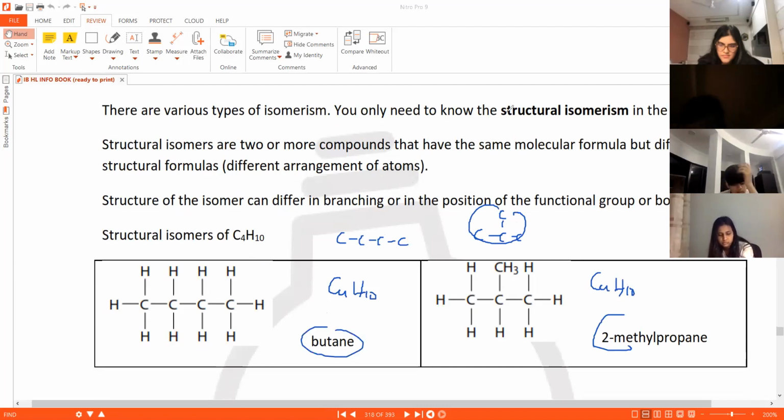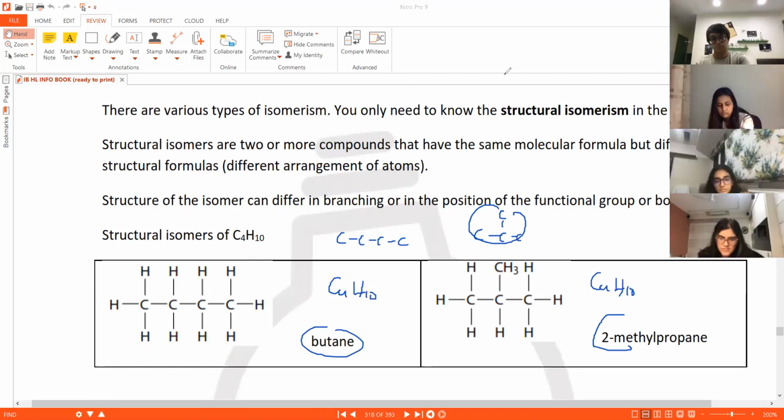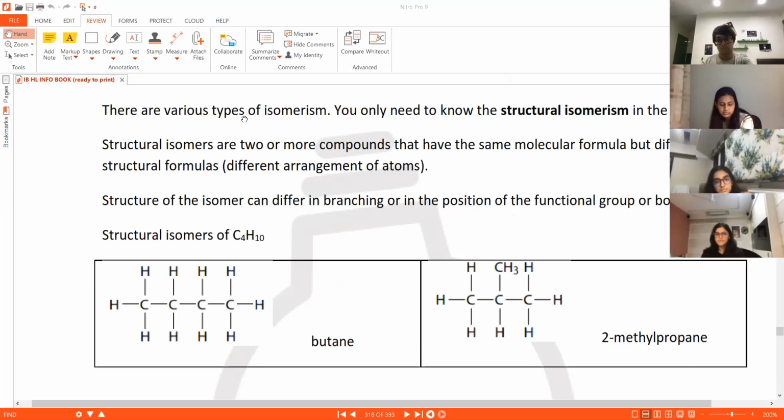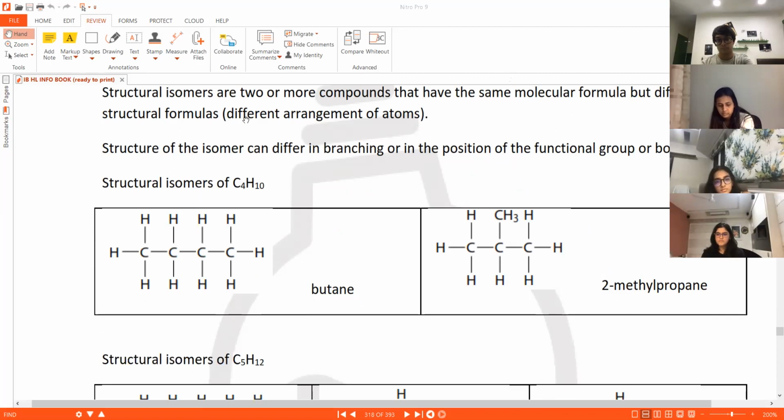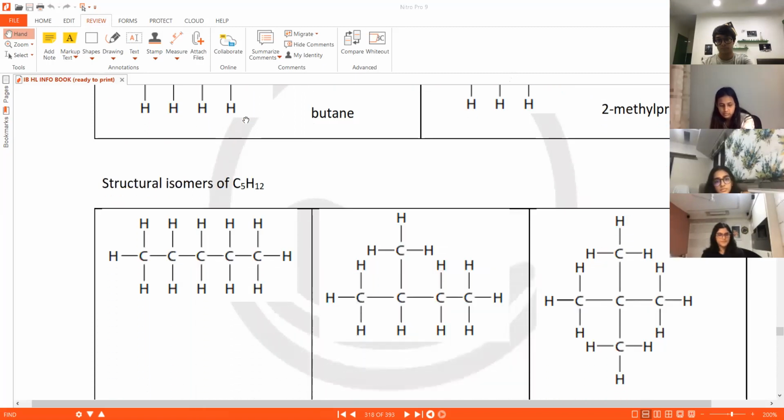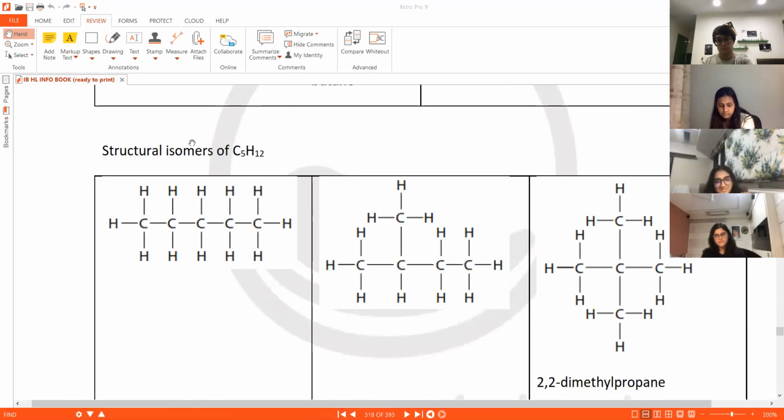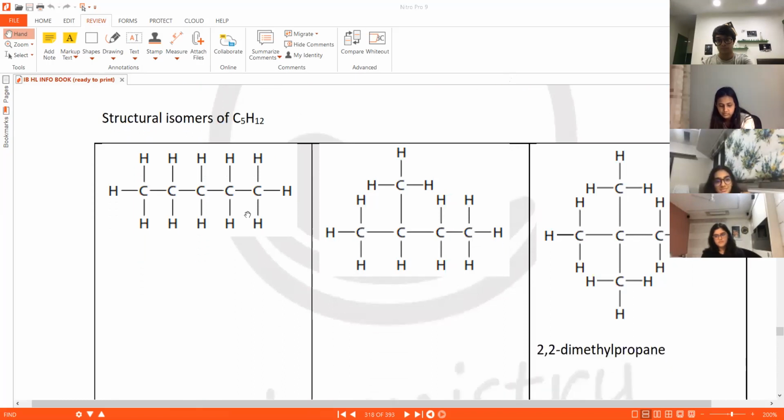Reni, are you understanding? Yeah, sir. Isomers I know. Or had you done it in MYP? Yes. Acha. You didn't have it, but in the nomenclature they must have done it. In C5H12, again the same thing. There are 3 isomers in C5H12.